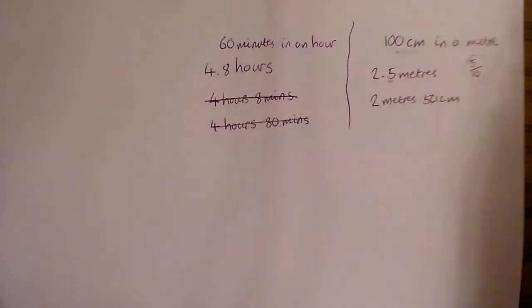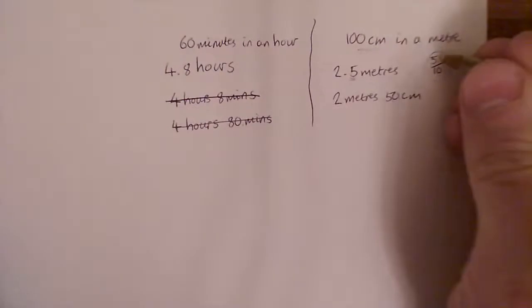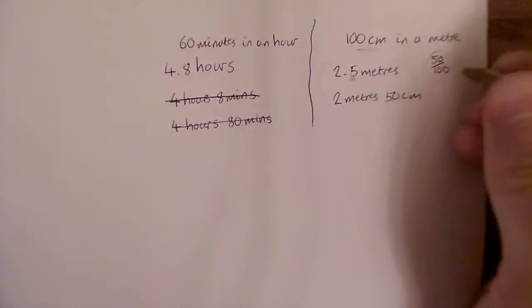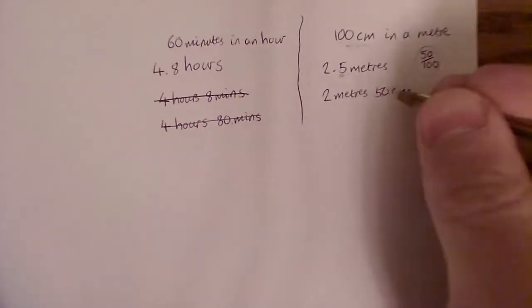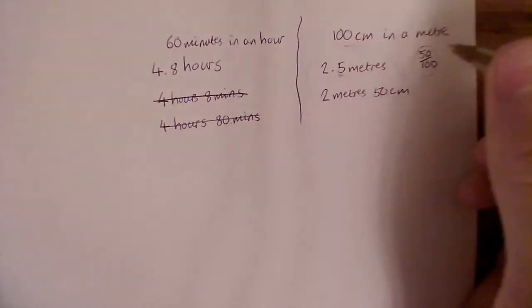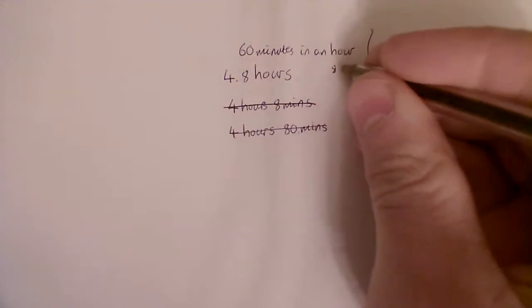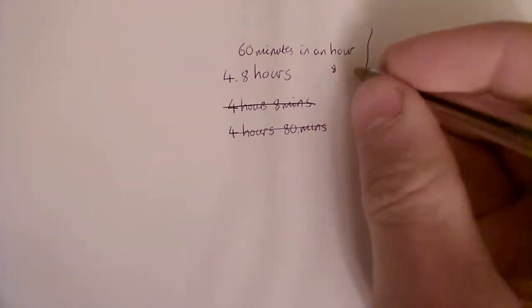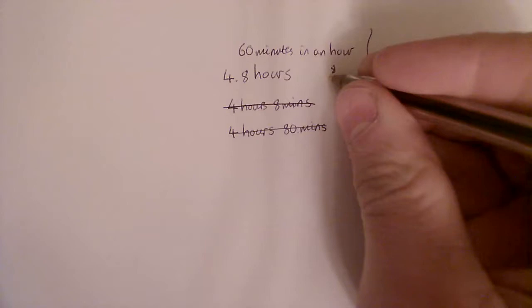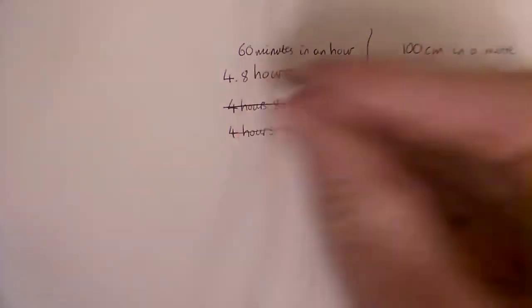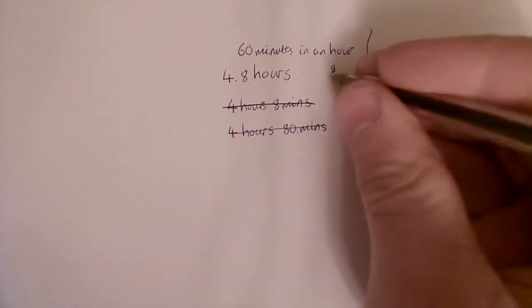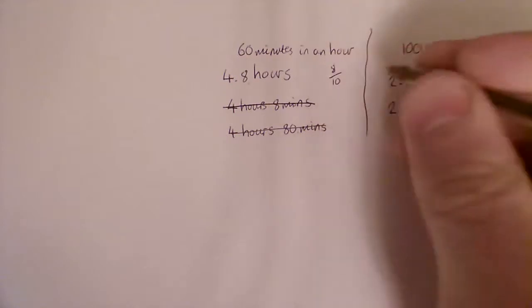So over here, we have 0.5 meters, which is 50 out of 100. And so it's 50 centimeters out of the full meter. Over here, we would have 4.8, which means 8 bits out of 10.